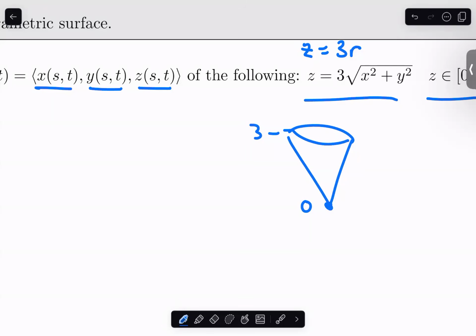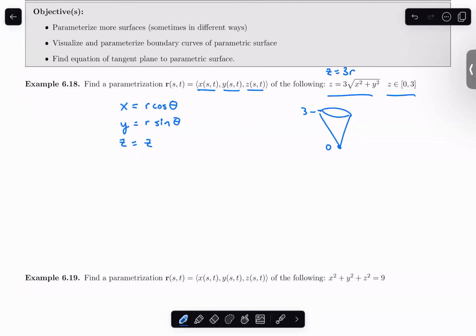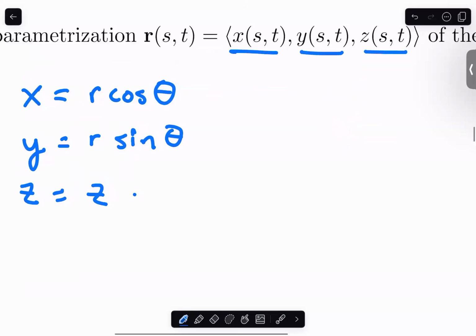Or equivalently, on the formula sheet, you may just remember x squared plus y squared equals r squared. So again, you can swap that into r squared, take the square root. Again, in this class, we're only doing positive radiuses. So it's always going to be the positive square root, never a plus and minus when it comes to radiuses, either r or rho. And so that means z, since we're on this cone, we can go ahead and swap it out and put 3r.